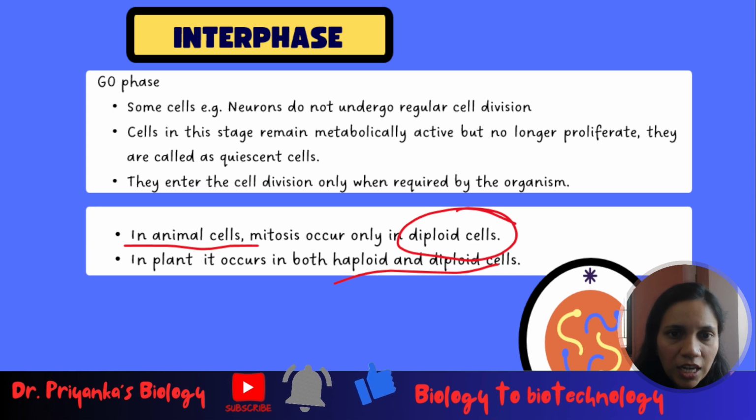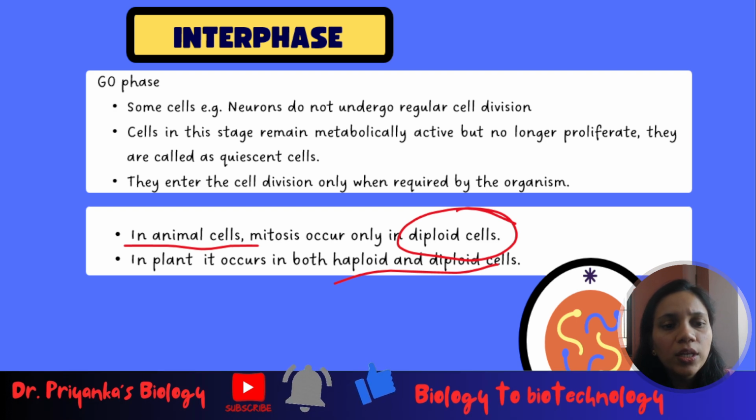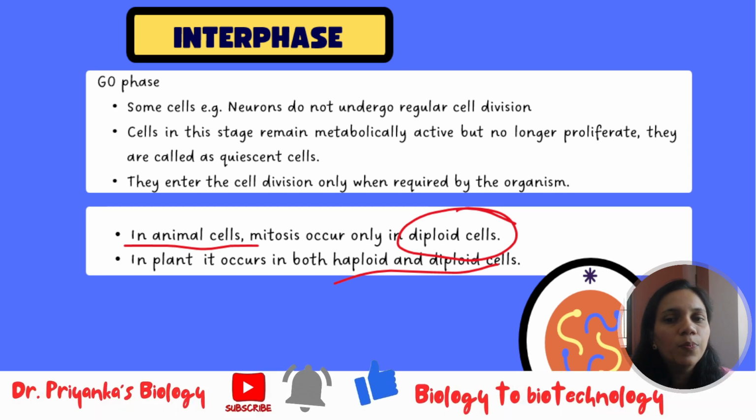The last part is G0, for those cells which do not undergo regular cell division. They remain metabolically active, but there is no proliferation or division. They will enter cell division only when required. Another point is that in animal cells, mitosis occurs only in diploid cells, whereas in plants it occurs in both haploid and diploid cells.